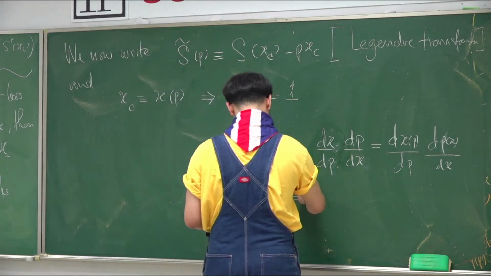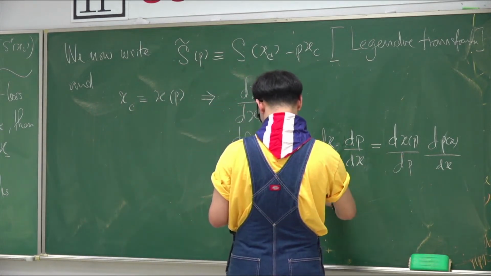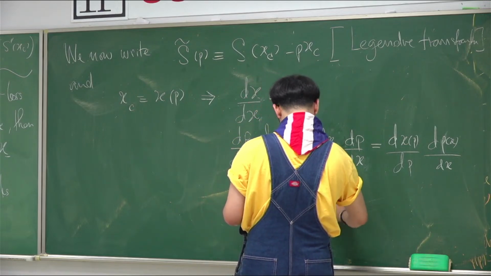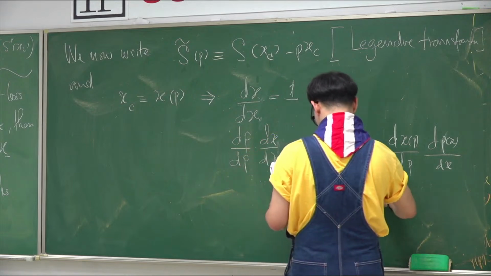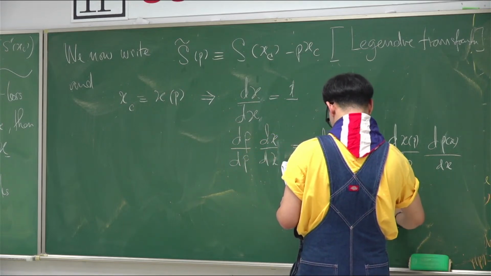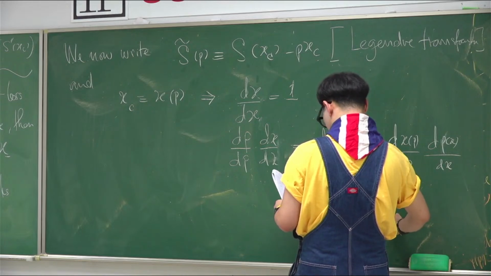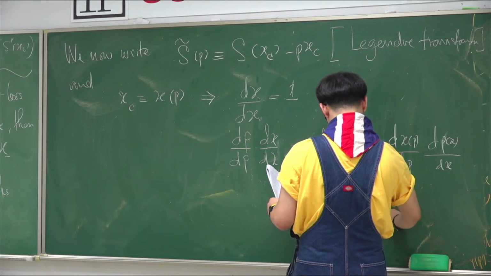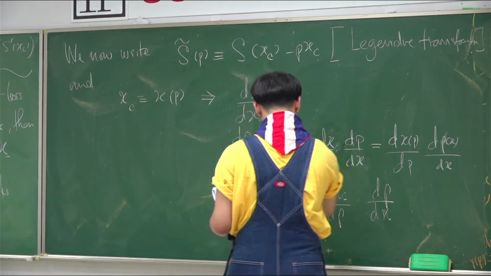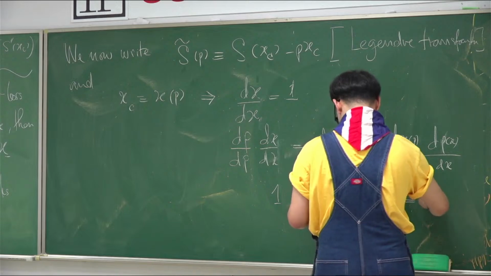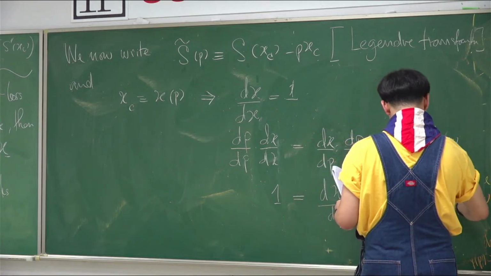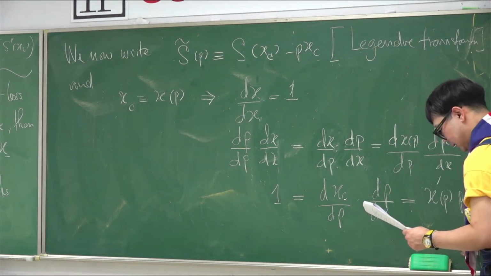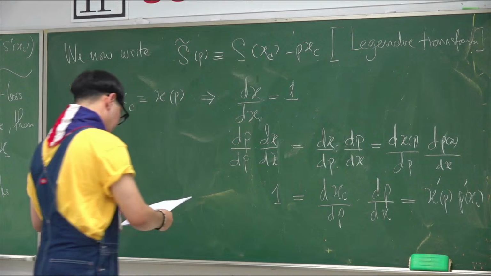So this is going to give you, so this is still 1. Then you get x prime, p prime, x_c. You get this condition.